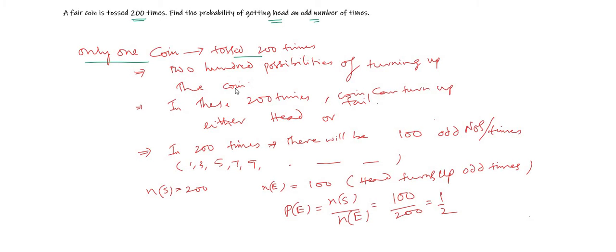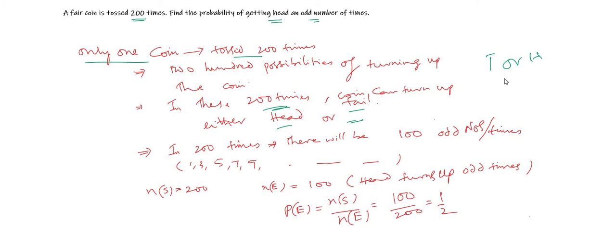There are 200 outcomes, either head or tail, because 200 times we are throwing. That means in these 200 times the coin can turn up either tail or head.